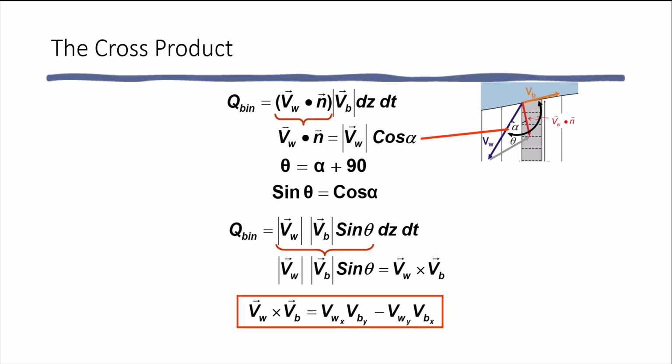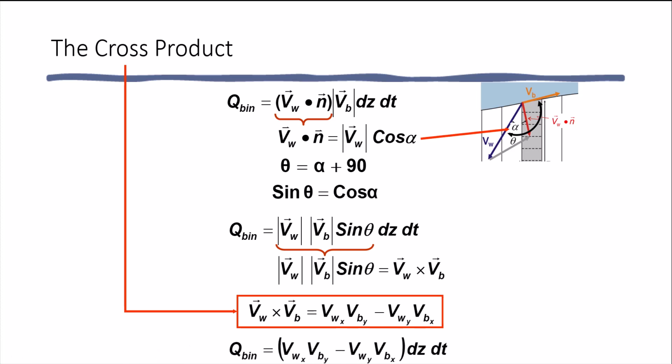This is important to remember, as we will refer back to the cross product several times in computing the discharge in the top and bottom unmeasured areas. Our refined discharge equation becomes the cross product of the water and boat velocities times dz dt.